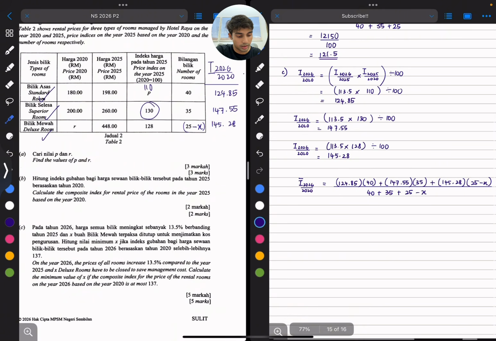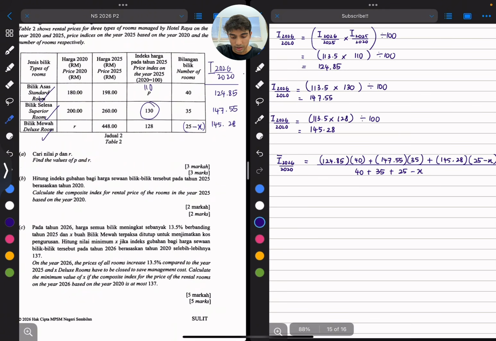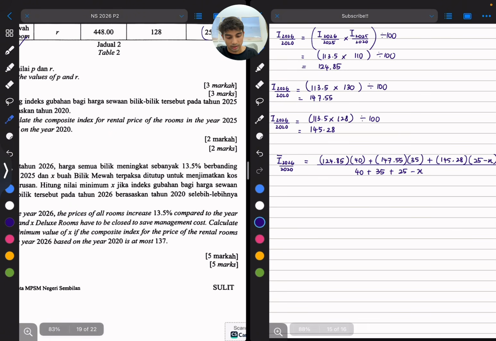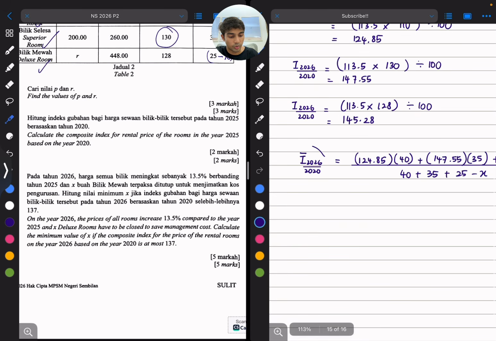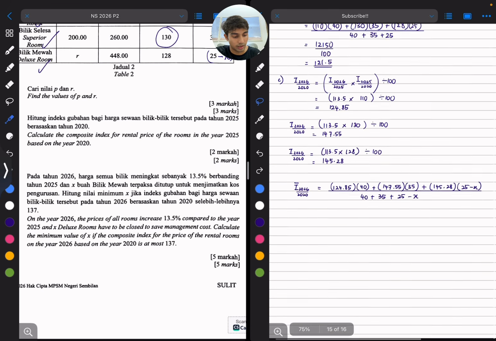In this question, they said calculate the minimum value of x if the composite index is at most 137.